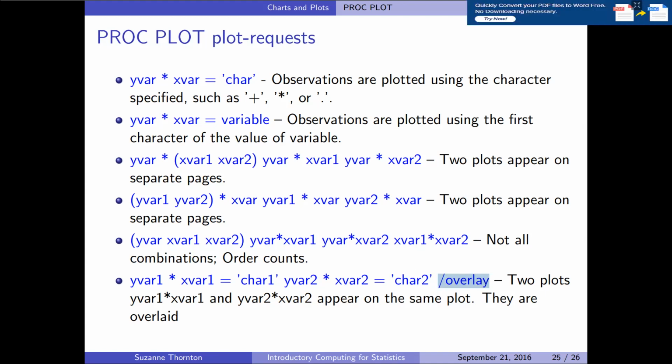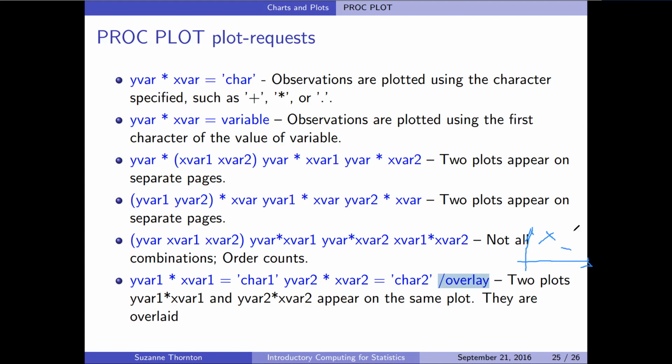In the output of the SAS software, you would have a plot like this. We shall have two different markers, for example, the multiply symbol and the minus symbol. You might have these two from the first plot, and those two from the second plot, but they are shown together in a single plot.